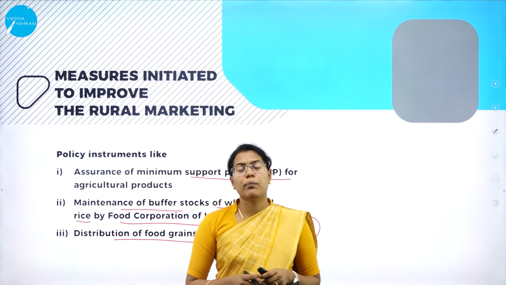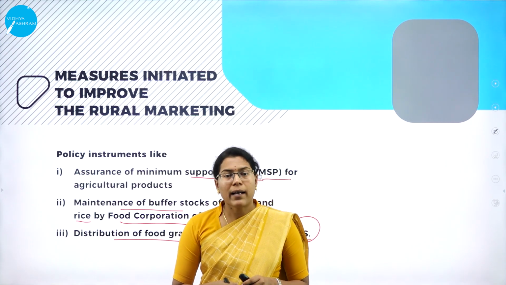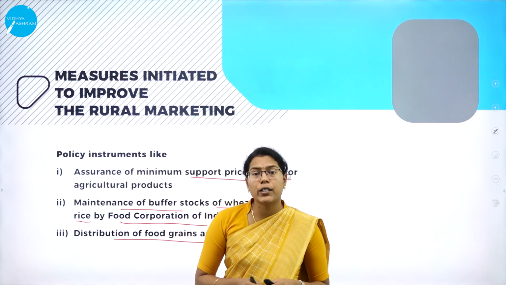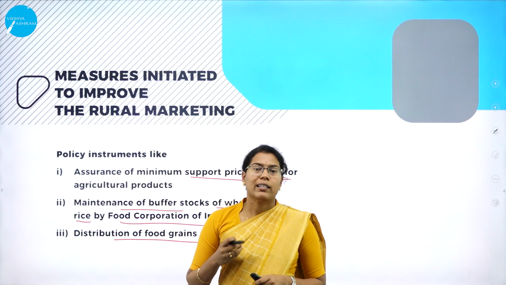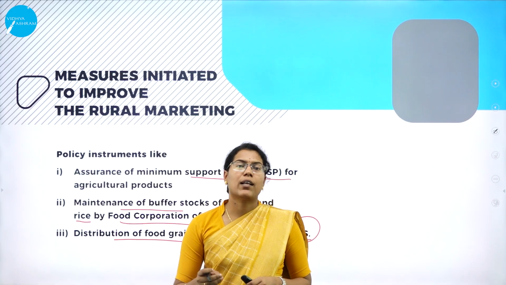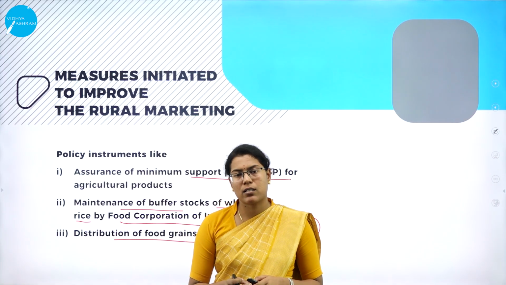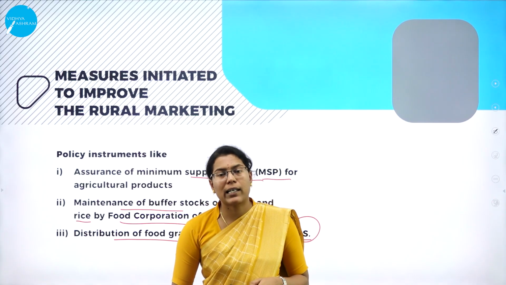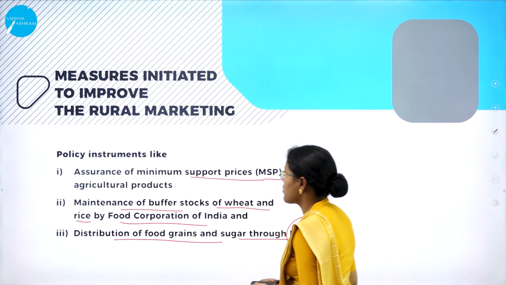So, these were the 4 important measures taken by the government of India in order to reduce poverty as well as improve rural development and the rural people, particularly the agricultural market.